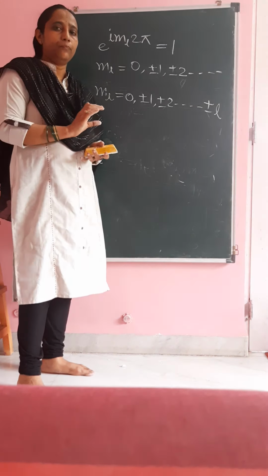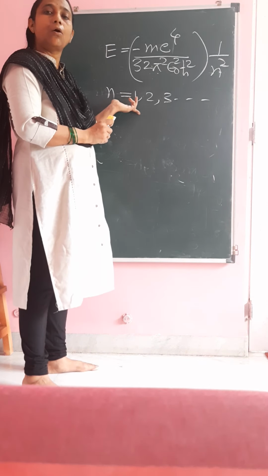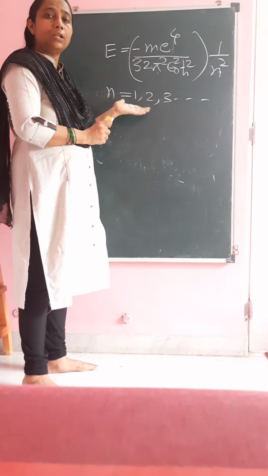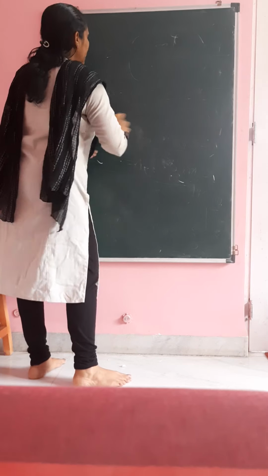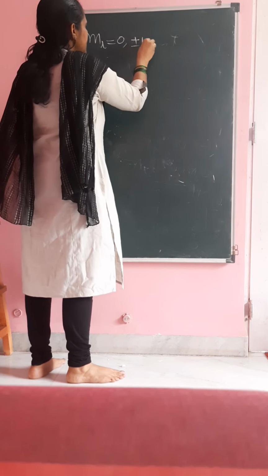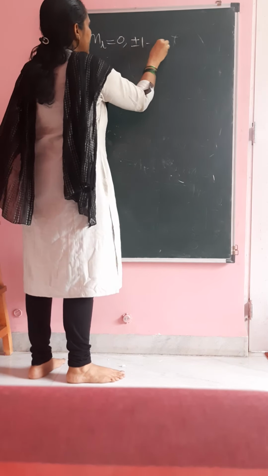Now we have so far discussed the three quantum numbers ml, L and n. Now all these three quantum numbers are not independent, but are related. We have to see what the relation is between all these three quantum numbers, and for that I'll first write down again the magnetic quantum number ml, which is 0, plus minus 1 up to plus minus L. Then we have L. L will be 0, 1, 2, 3 up to n minus 1.